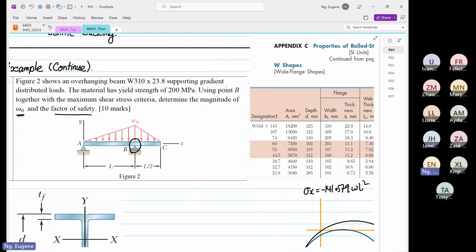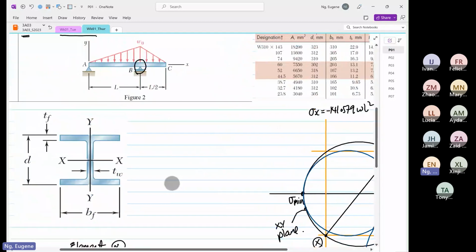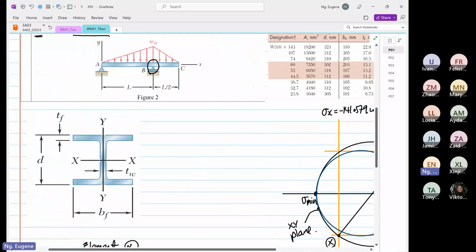As I mentioned on Tuesday, on a beam like this, what you see over here is a cross-section view. And I did mention that failure will occur at this point that I'm drawing now. This is the failure point.